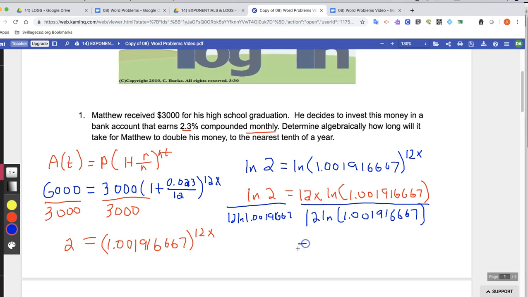And when you do this, on this left-hand side, I would punch that all into my calculator at once and round it to the nearest tenths place. You should get 30.2.